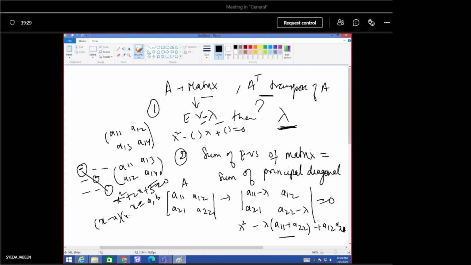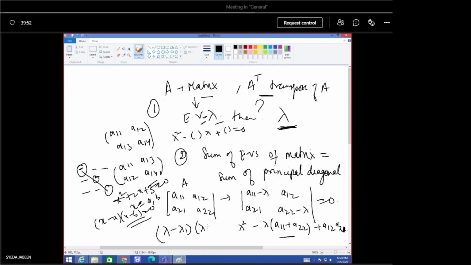So here also, in other words, when we say lambda is the eigenvalue, it means it is the root of the polynomial, because here also a polynomial is coming, as when we were doing it earlier. So if it is the root of the polynomial, and lambda 1 and lambda 2 are the eigenvalues, you can write it as this minus lambda 1 into this minus lambda 2 is equal to 0.